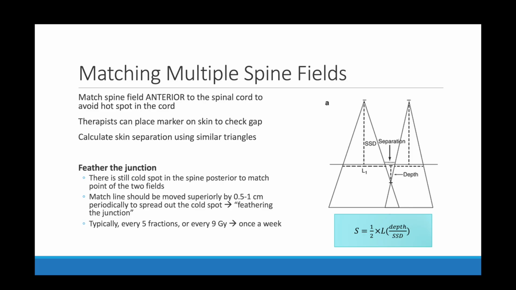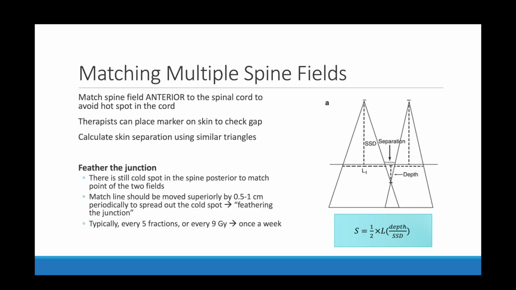Another problem that you might have to solve for the physics board exam is calculating what that skin separation should be. They will tell you that you're trying to match fields at a particular depth, what the SSD is, and what the length of your field size is on the patient's surface. And they'll ask you, what should the separation be between the two fields? You can just use the principle of similar triangles to identify what the separation is.